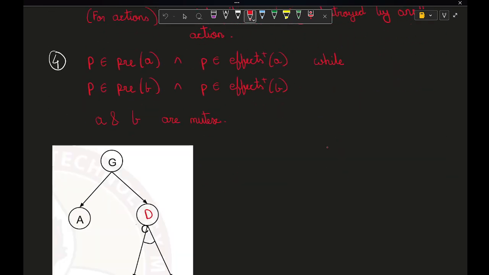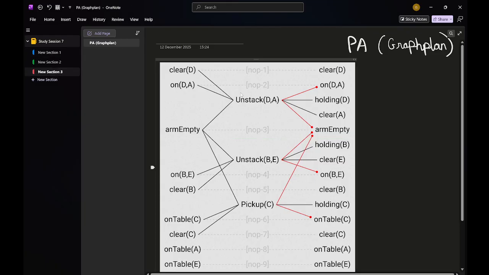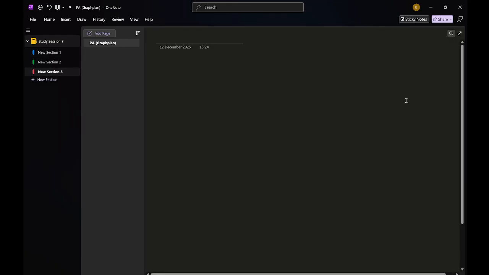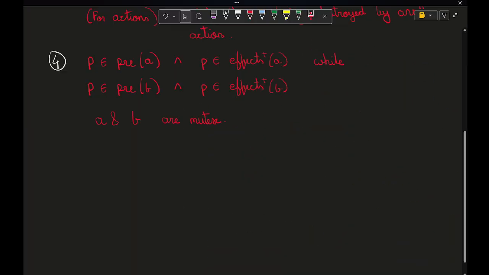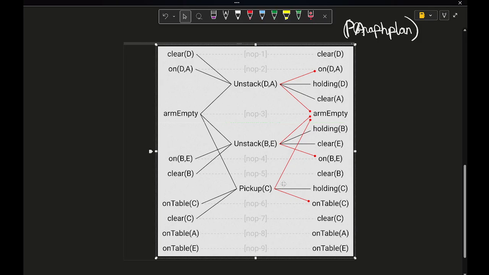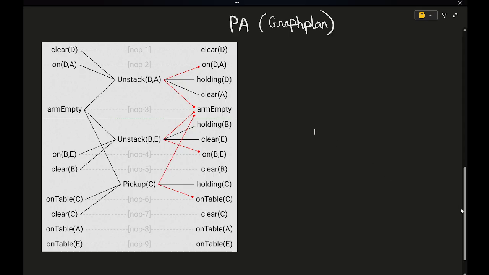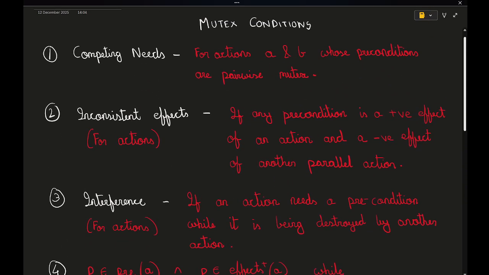I think maybe I should solve it here itself, no need for a separate page. On what basis do we say that actions are mutex? So these are the four conditions.